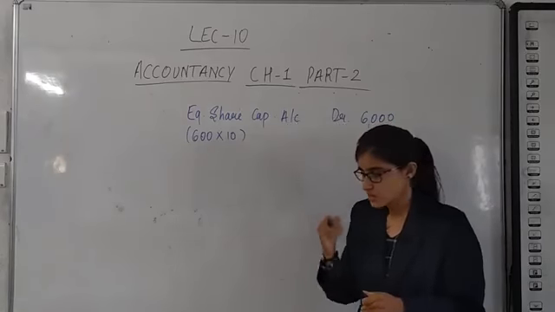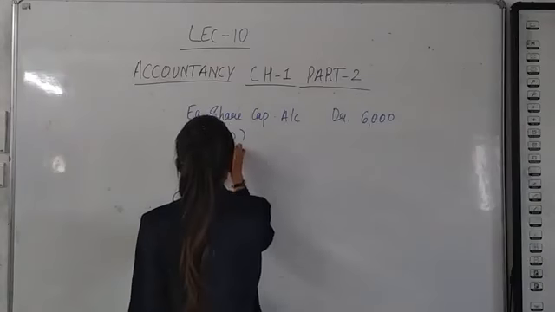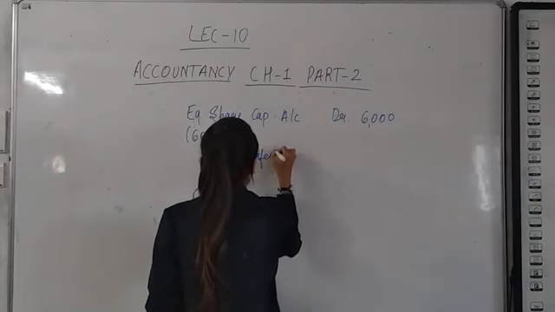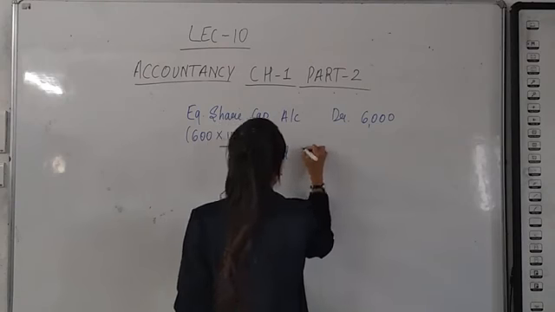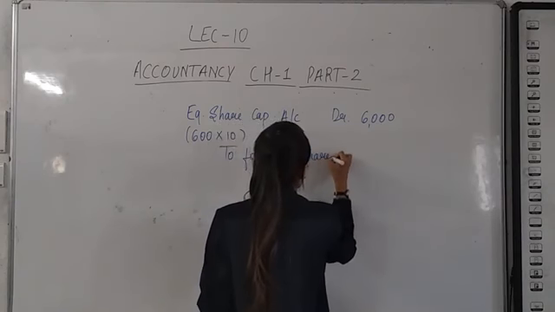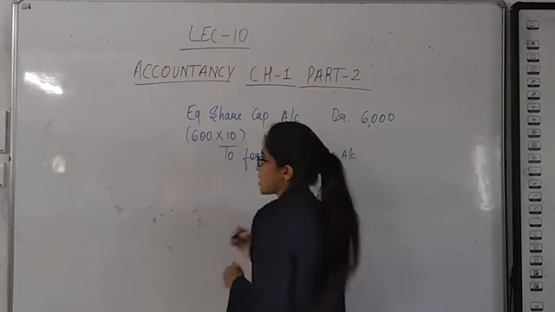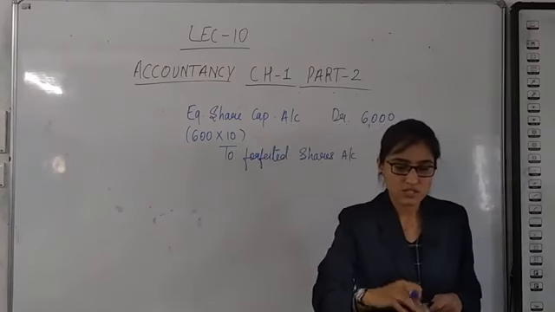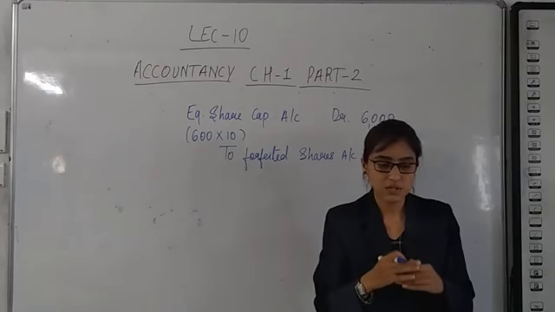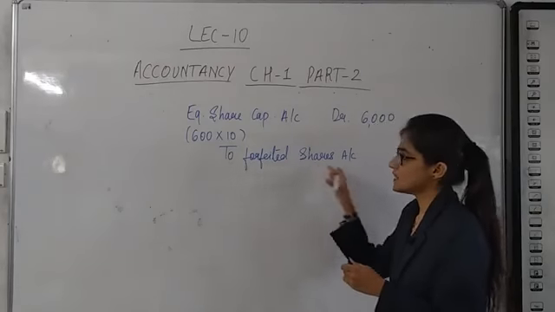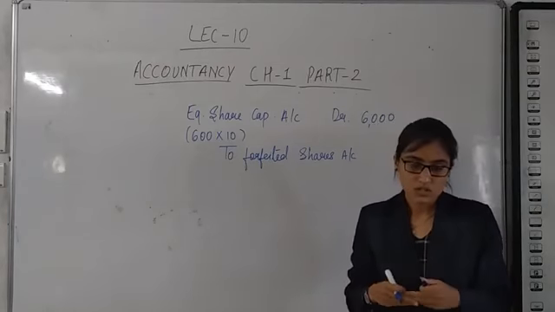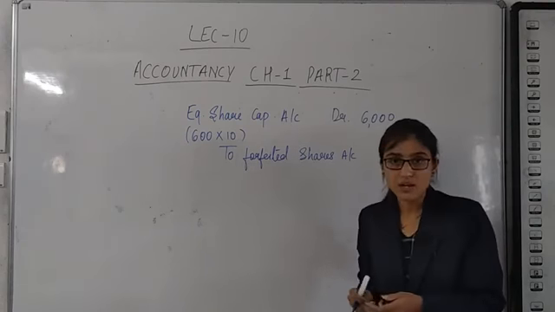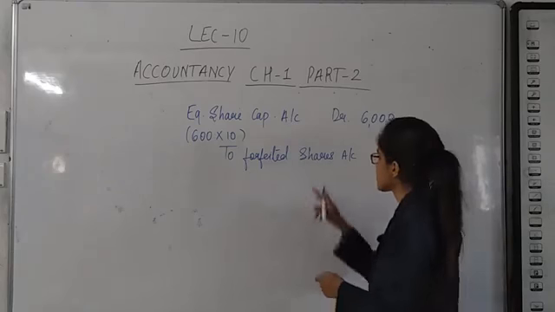Then to forfeited shares account. You can also write to share forfeiture account. If you match this journal entry, it is similar to the forfeited shares account journal entry that I have explained in the first case.